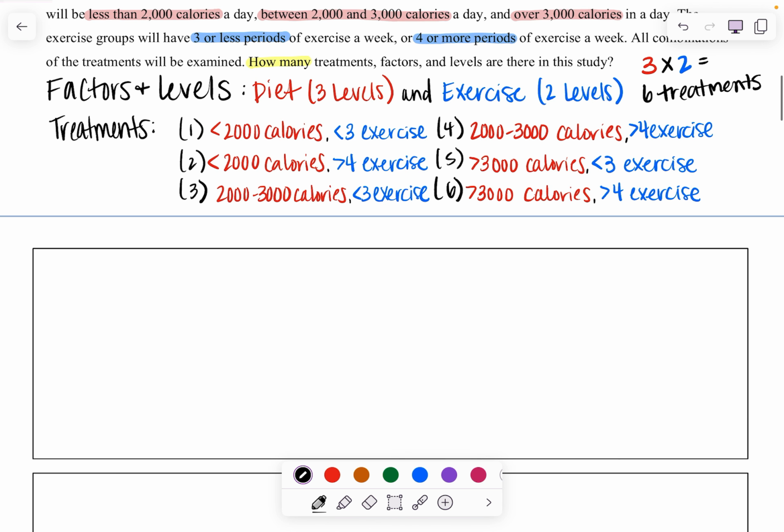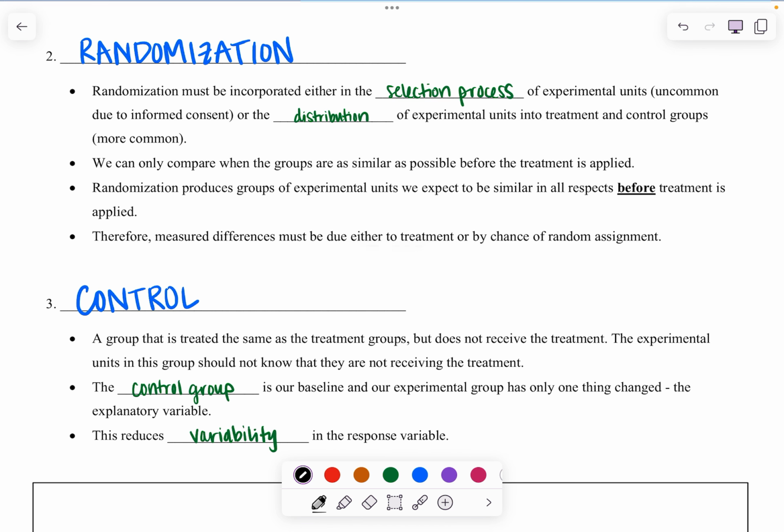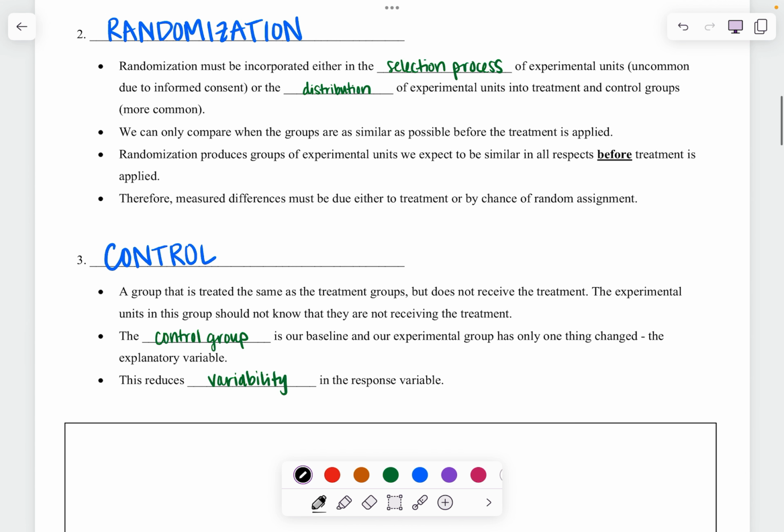Okay, second and third things that we need, because I'm going to try to get through some of this a little bit quicker. Randomization. Anything in stats, you need to be random. Whenever you're doing a sample survey, it's completely okay to go out into the world and randomly pick somebody and ask them to do a questionnaire.